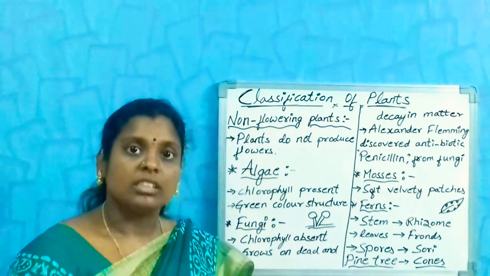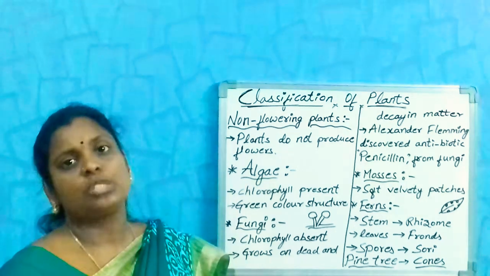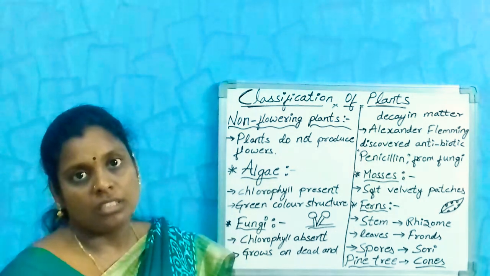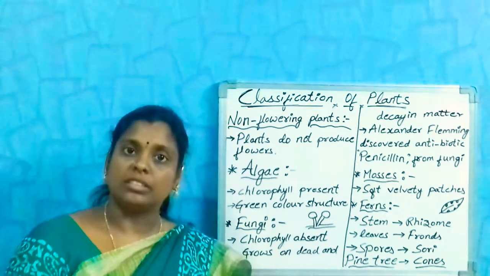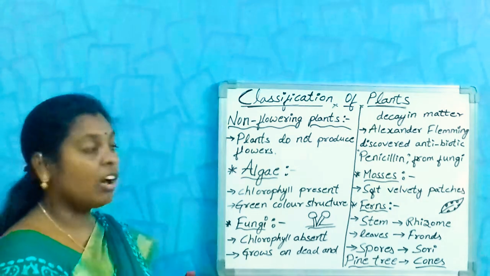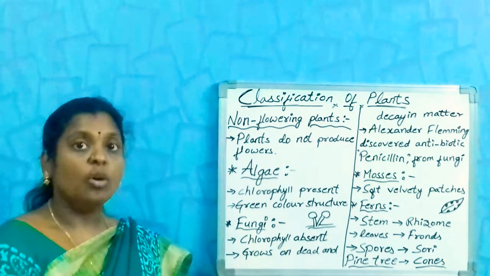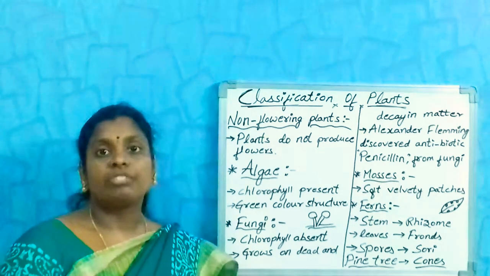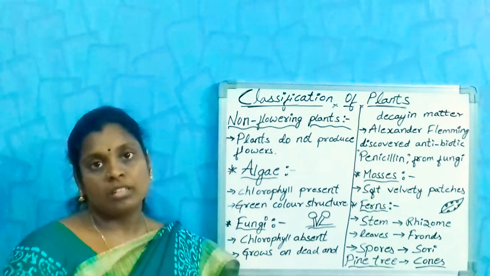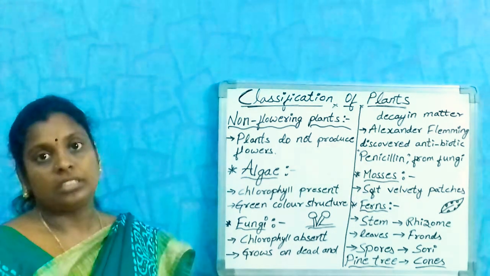You may get the doubt. So, these are very small plants. Of course, there are some big plants also, but the examples for that are algae, fungi, mosses, ferns. These are the examples of non-flowering plants.